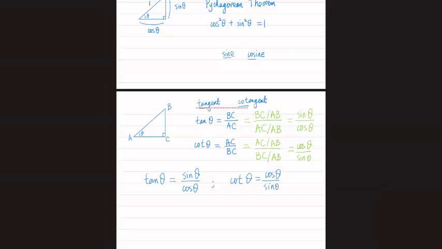And from the definition, we can also see cotangent is the reciprocal of tangent.